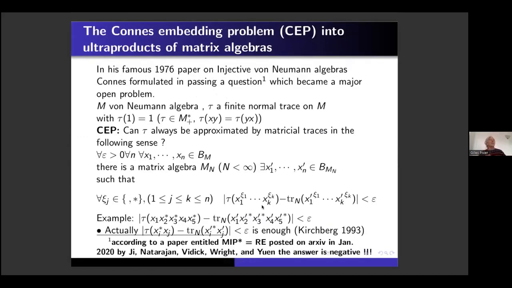Now I come to the famous Connes embedding problem. And I warn you that the situation is in some kind of limbo, because it has now been 2 years that there is a 200-page preprint, which comes from a group of people working in quantum information theory, computer science, and complexity, who have managed, as they say, to show that the answer to this Connes embedding problem is negative.